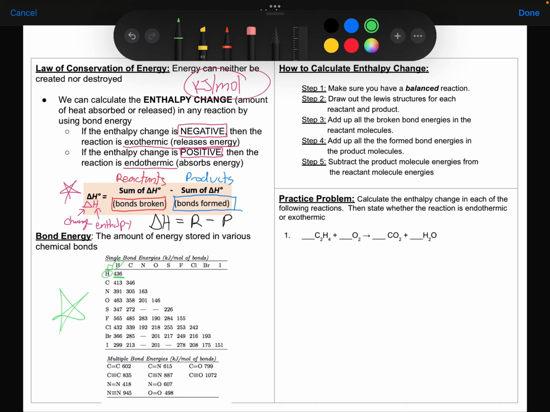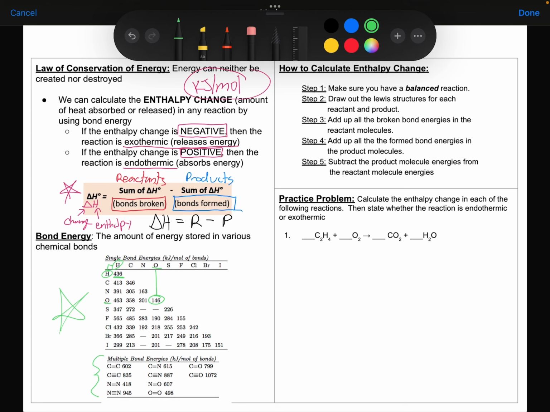If, however, I was talking about, let's say, an oxygen-oxygen bond, and again, this would be a single bond, then that value would be 146 kilojoules per mole. So again, this little table just allows you to find different bond values. And then down here, we see some bond values for double and triple bonds.